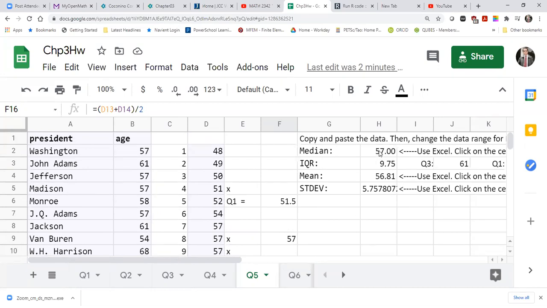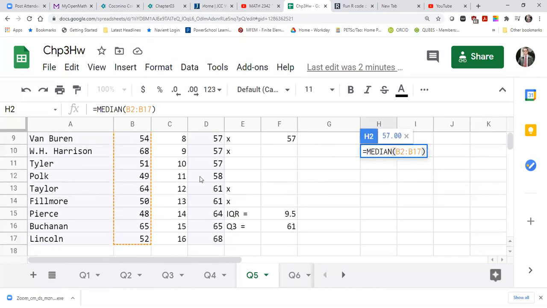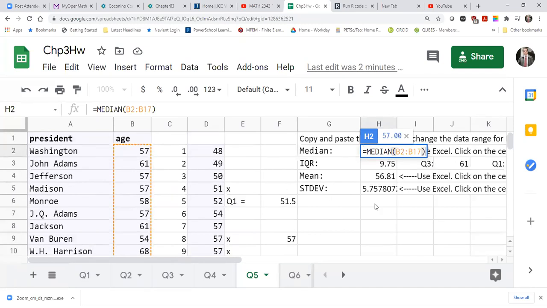For the median, using this formula, you can see the data from D2 to D17. So this is the median. Now looking for the mean is simply using the average over the data range from D2 to D17.